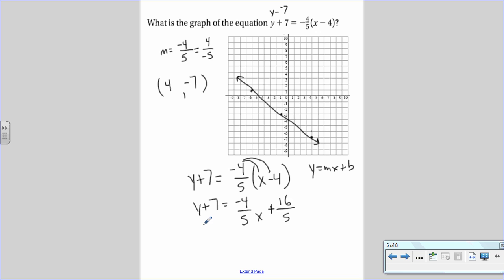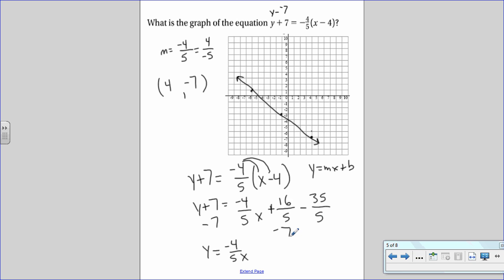Then to get y by itself, we have to minus 7. If we minus 7, we get negative 4/5 x plus 16 over 5. So we basically have to turn 7 into fifths. That'd be the same as saying minus 35 fifths.